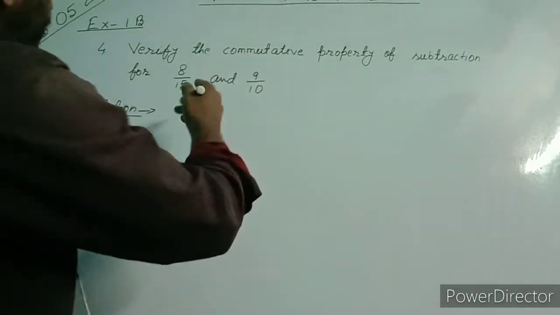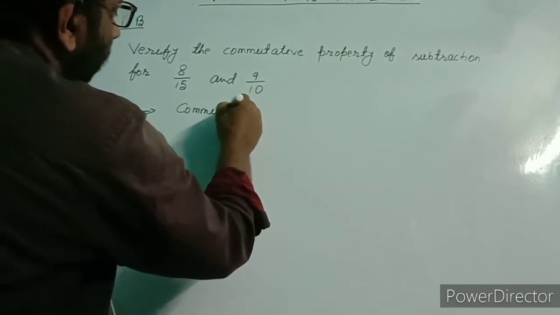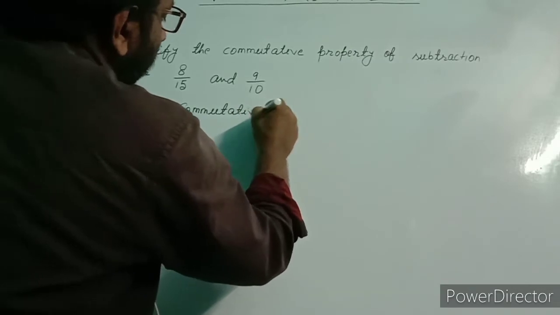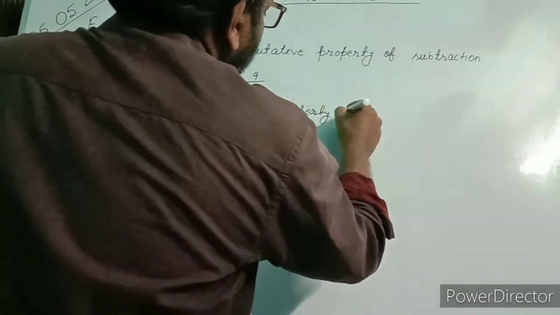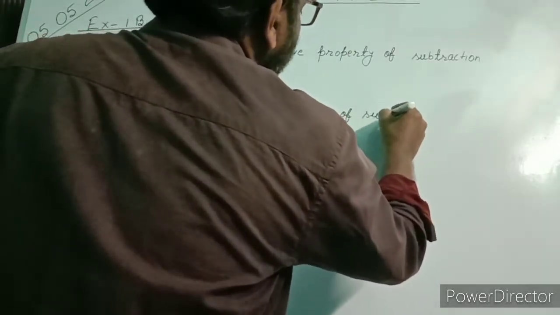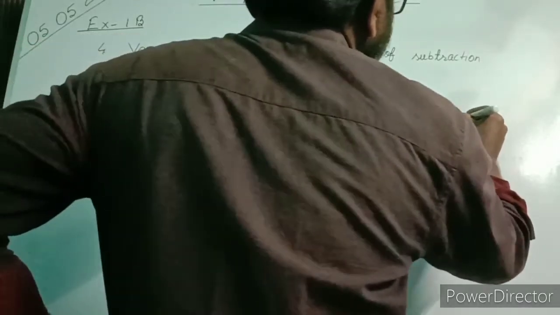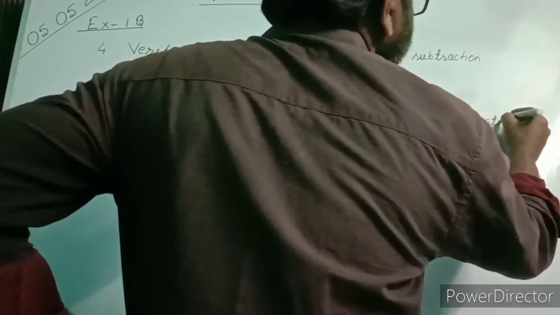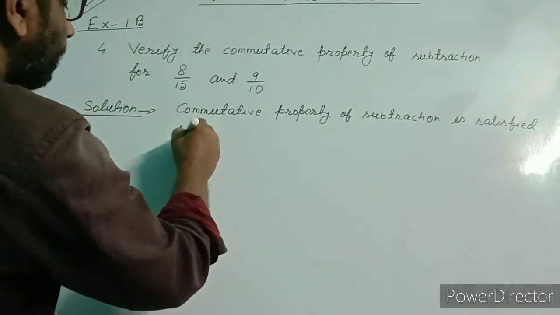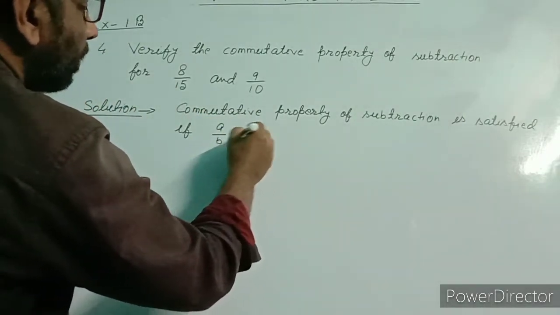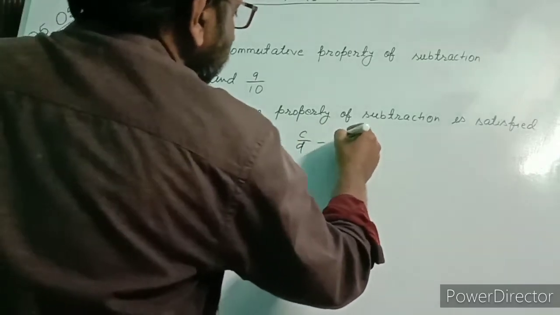Or we write, commutative property of subtraction is satisfied if A by B minus C by D is equal to C by D minus A by B.